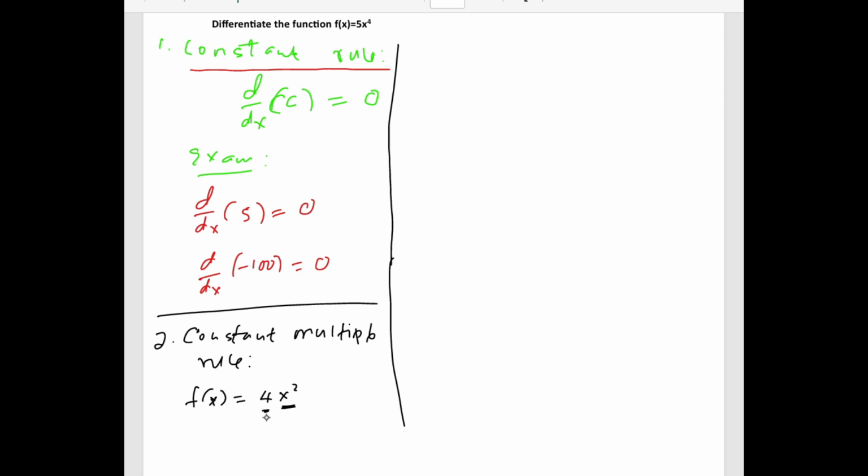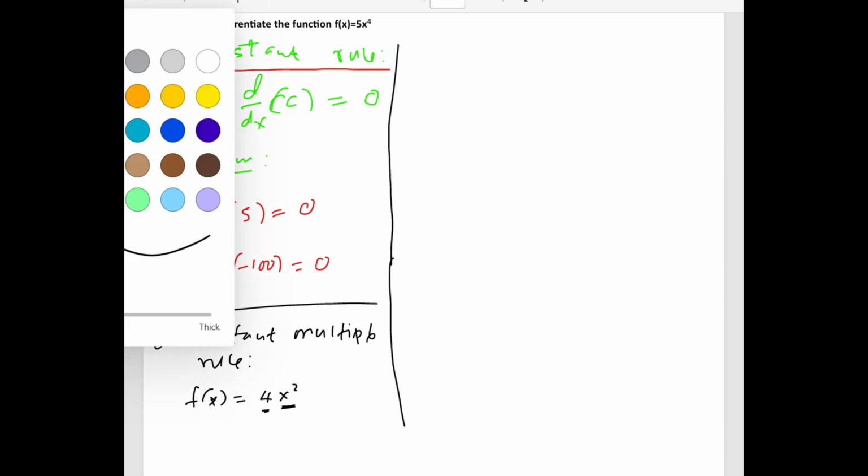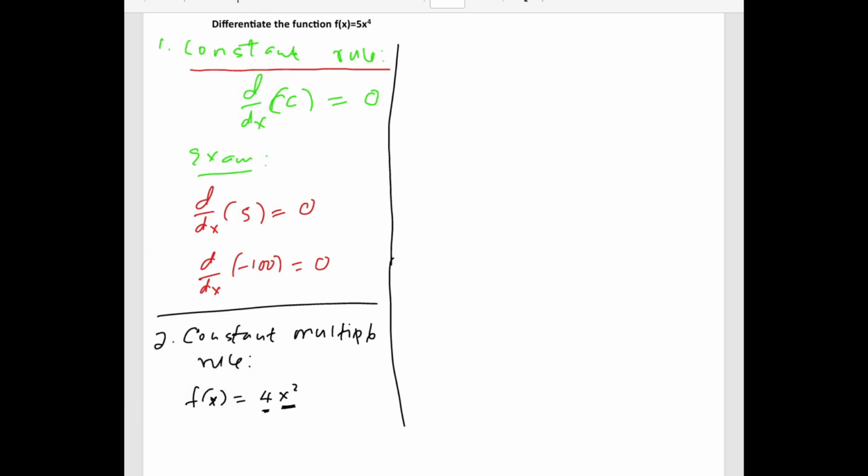So when you have something like this, according to the constant multiple rule, when you want to find the derivative, let me first write the rule.